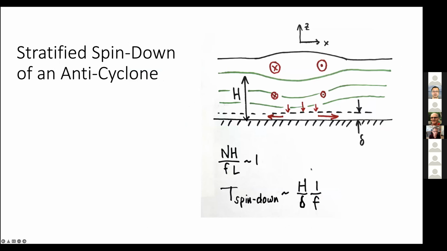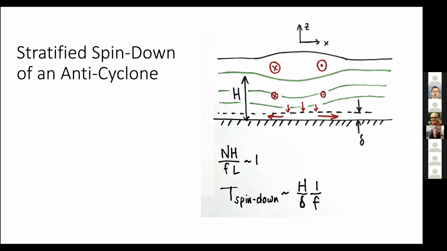Just the world's shortest lecture on quasi-geostrophic spin down, baroclinic spin down. This is a sketch of an eddy. In this case, an anticyclone has high sea surface height. And if it extends to the bottom friction, the bottom Ekman transport tends to go out away from it.